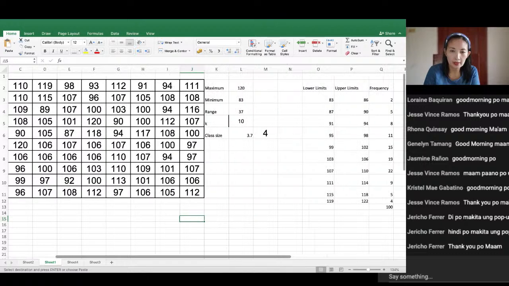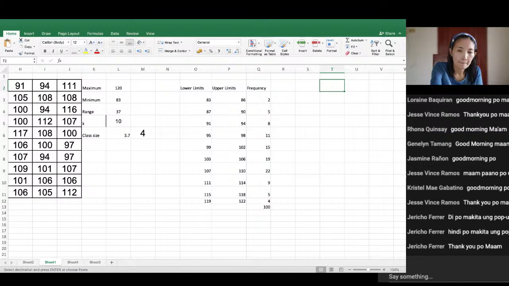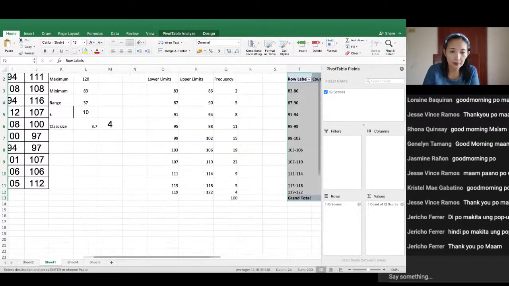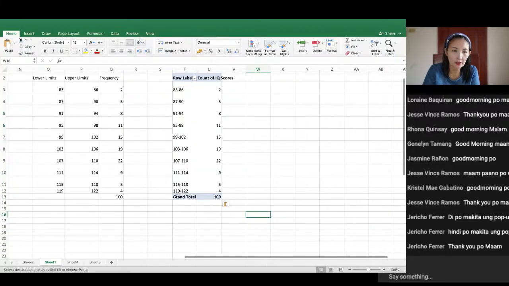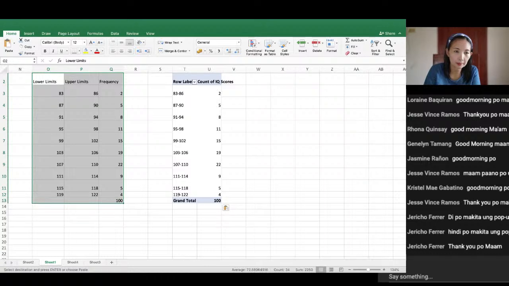Our previous answer is this. Let me have it here. Let's check if they are exactly the same. Okay, so this is from our first technique. Let me highlight.